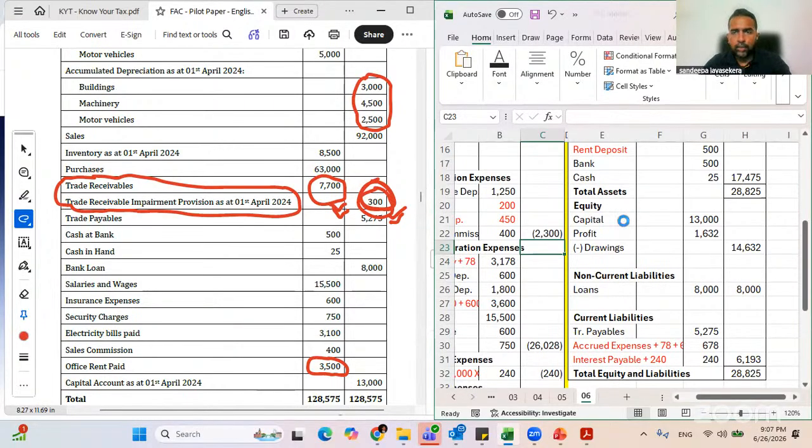So what we did was the pilot paper, which is the only paper available under the new syllabus.